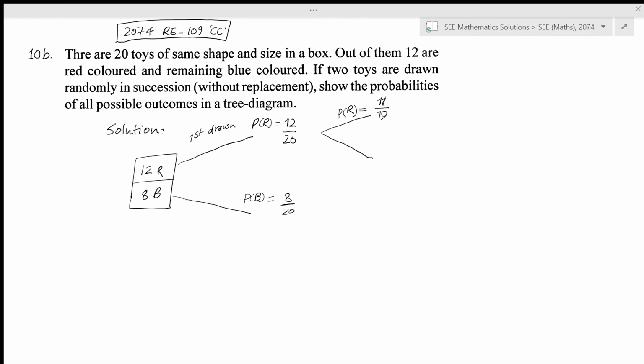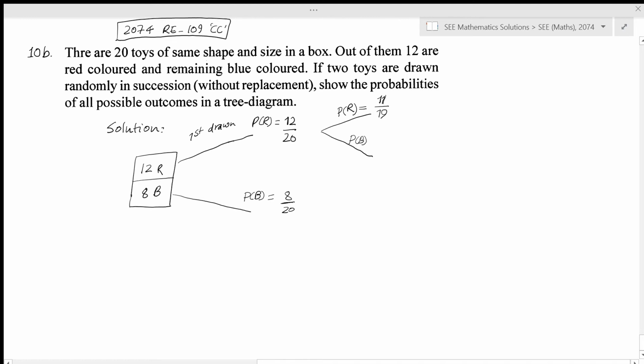And we can also draw red at first, then blue second. So the probability of drawing blue after drawing red, in this case, is as follows. We drew a red toy at first, so the number of blue toys is still 8. It has not decreased, right?